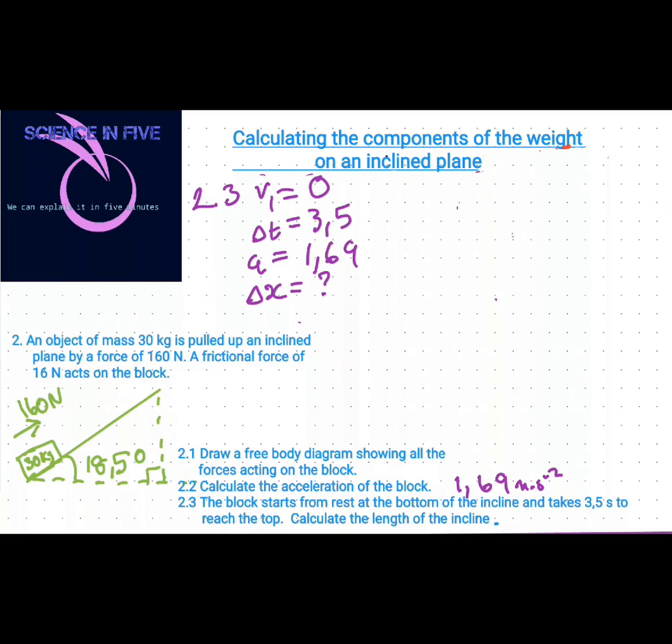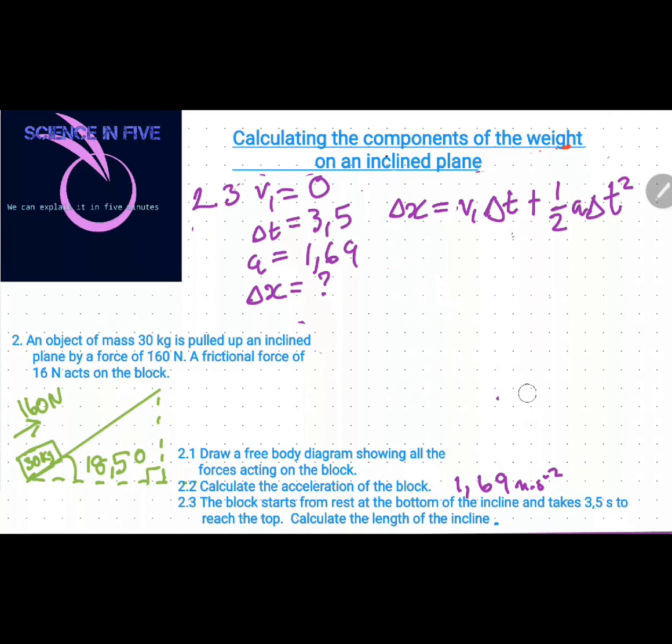motion which says delta x becomes VI delta T plus half A delta T squared.